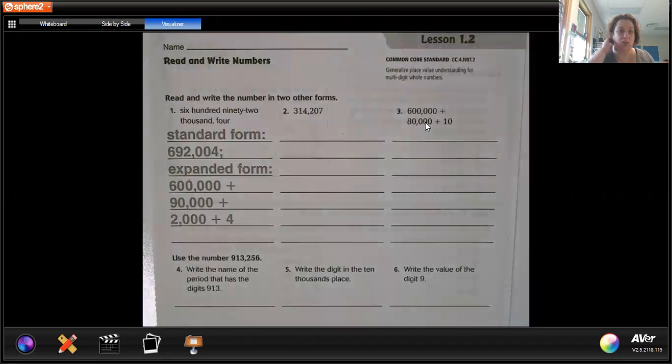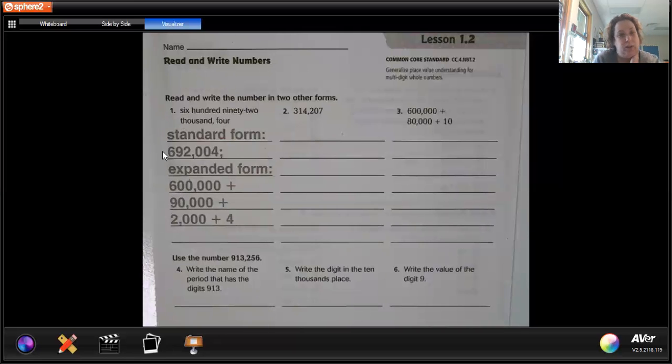So what they wanted you to do was look at a number like this one and then write it in the two other ways. So this first one here that they did as an example was 692,004. So the standard form would look like this one here, 692,004. And then the expanded form is the one with all of these plus signs.